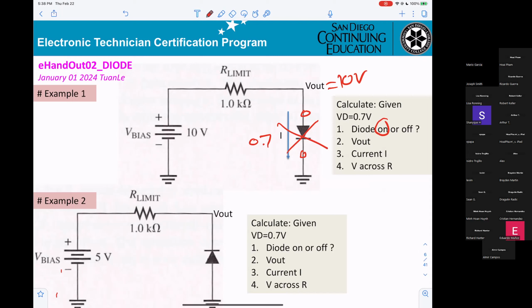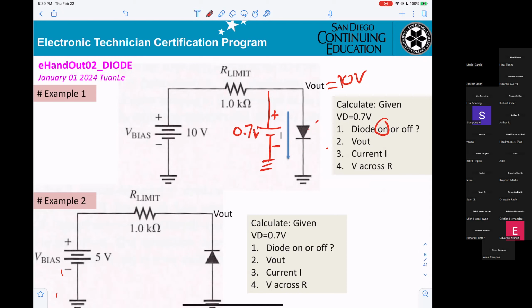Okay? And when you say the diode is on, again, you must substitute the diode by the battery. So now you can see the diode will look like plus here, minus here, 0.7 volt.